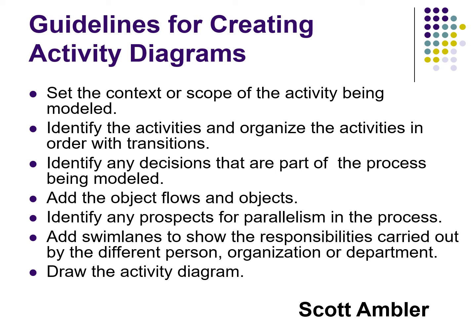Along the way you can identify any possible activities that can be done together at the same time, the activities that can be done in parallel. Then you add a swim lane as mentioned just now, where each swim lane is dedicated to one particular actor. So you assign the activity to a particular actor, and after that you draw.